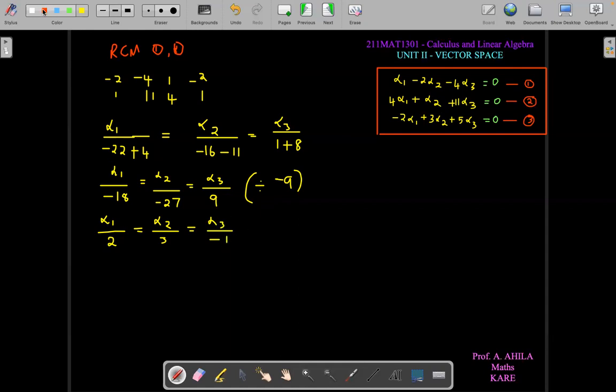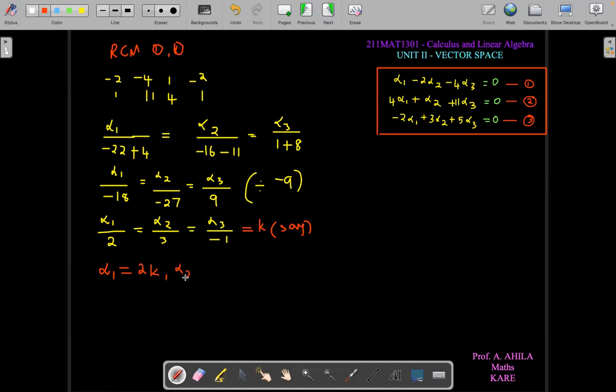Now consider this as equal to k. Equating each fraction with this k, we can get the alpha values. Alpha 1 is 2k.